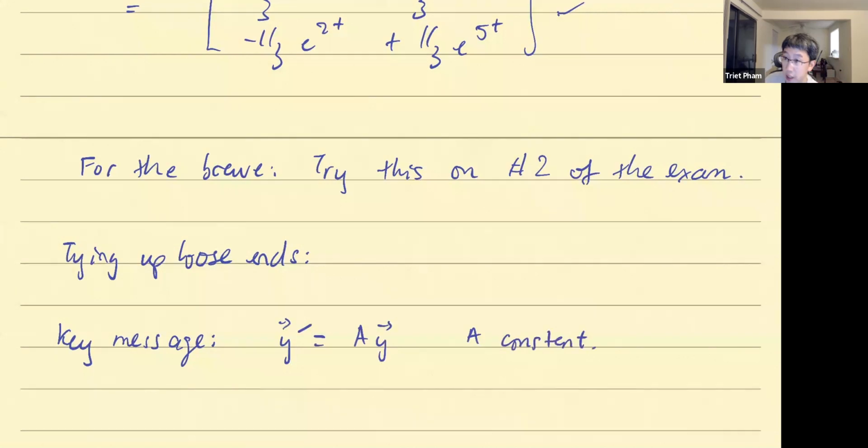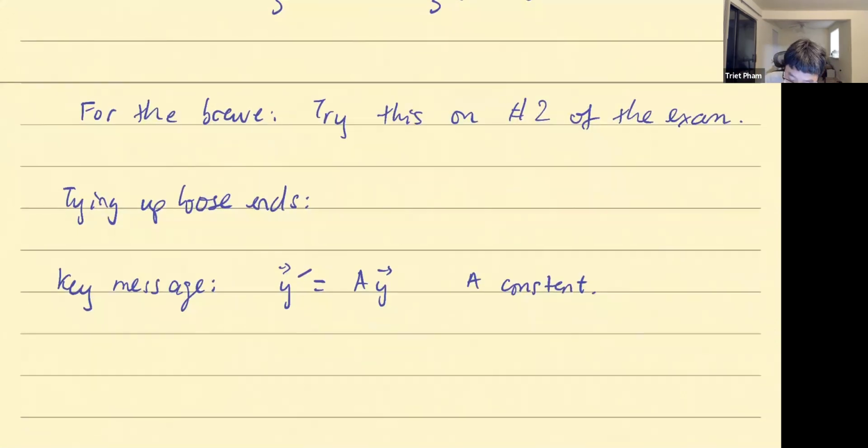I'm not talking about A having variable entries here, like A depends on t. That doesn't work. If A is a constant matrix, then your solution will be e to the At y0, okay?